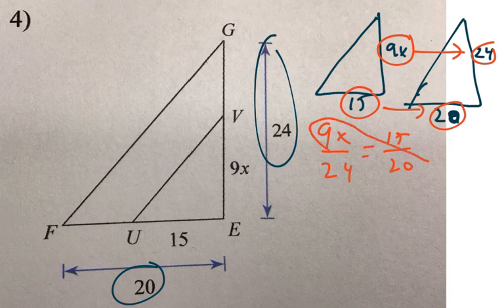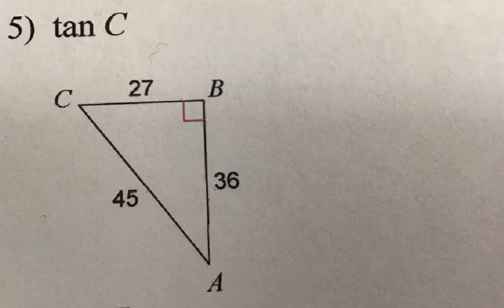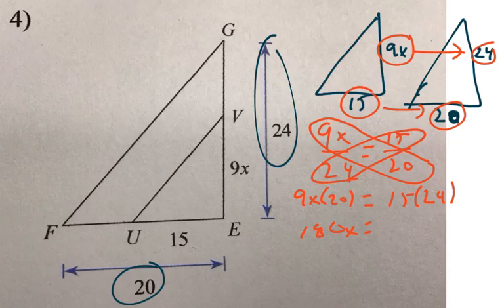Let's cross multiply. 9x times 20 equals 15 times 24. 9 times 20 is 180x equals 15 times 24, which is 360. So when I divide by 180, x must be 2.